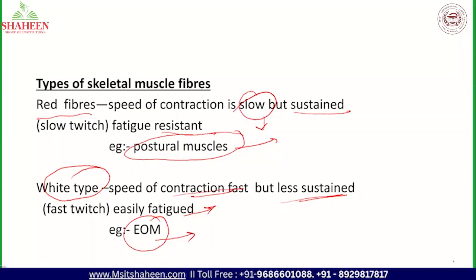That is known as the white type of fibers, otherwise known as fast twitch fibers, and the other is the slow twitch fibers. So we have red fibers and white fibers. In the red fibers, the contraction is slow and less fatigable. But here the contraction is fast.